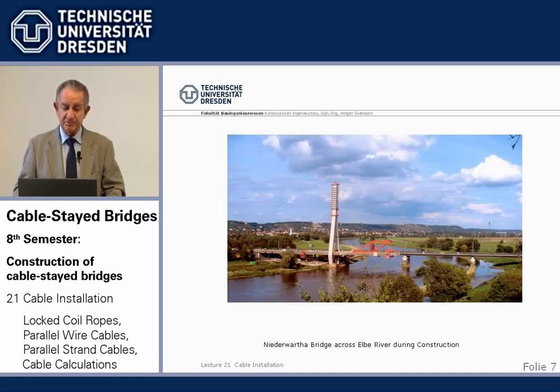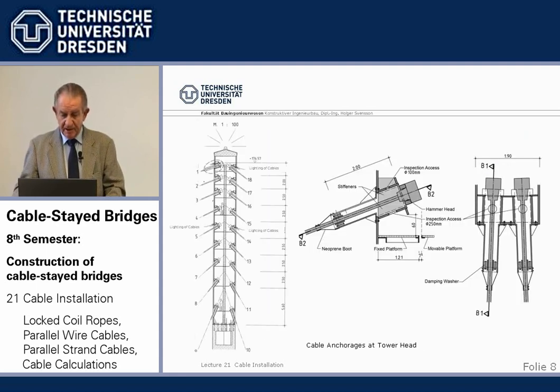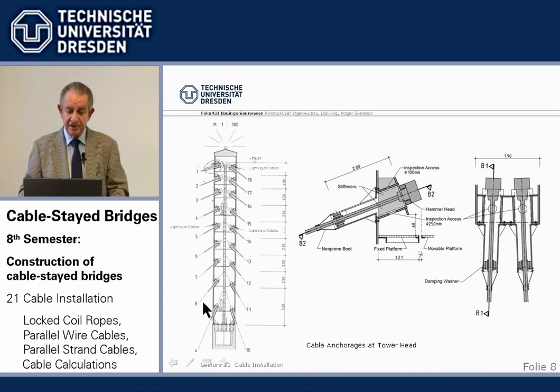As an example, we use the Niederwarter bridge, which is very close to us here, you may know. The cable anchorages at the tower head for the Niederwarter bridge are composite anchorages, which means it's basically a steel box into which the cables are anchored, and then the box is cast into concrete.